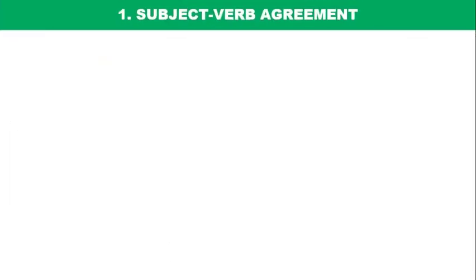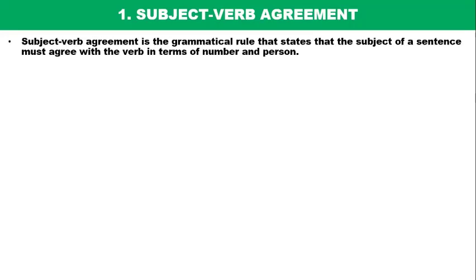Now let's begin with the first type of concord, and that is subject-verb agreement. All right? Subject-verb agreement is the grammatical rule that states that the subject of a sentence must agree with the verb in terms of number and person, okay?